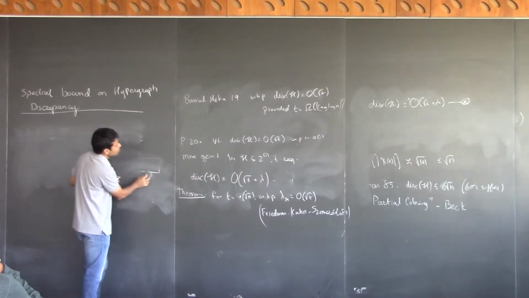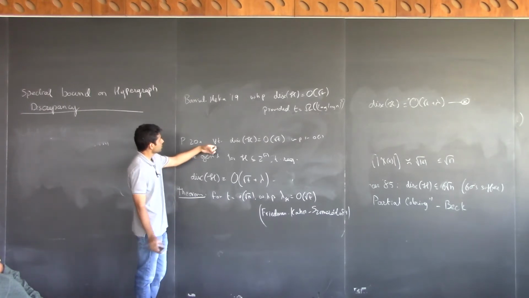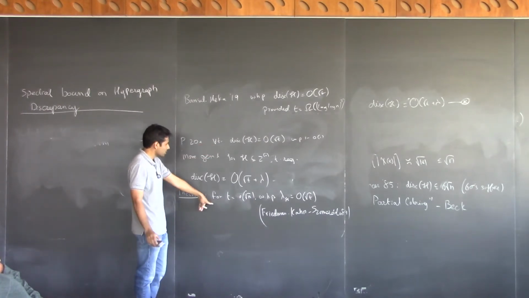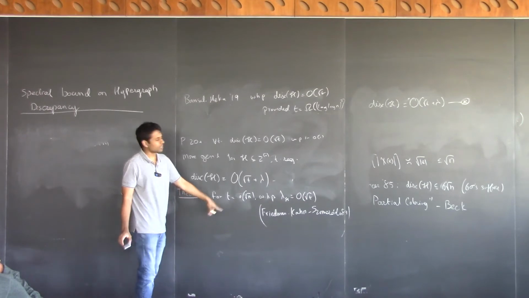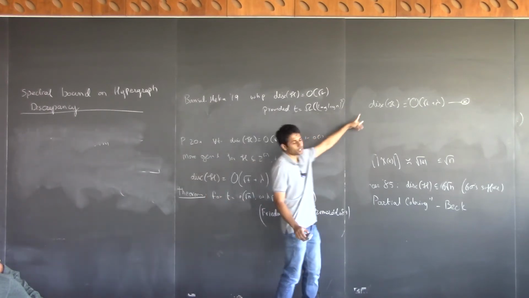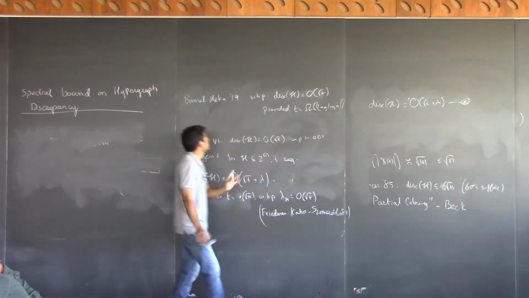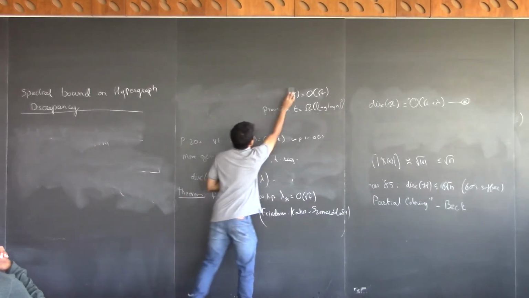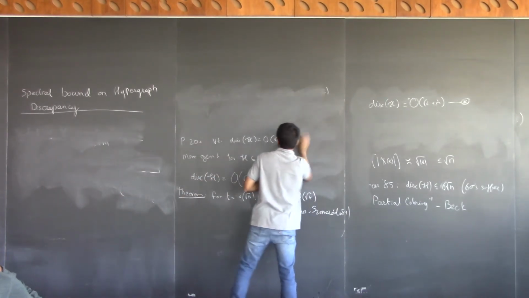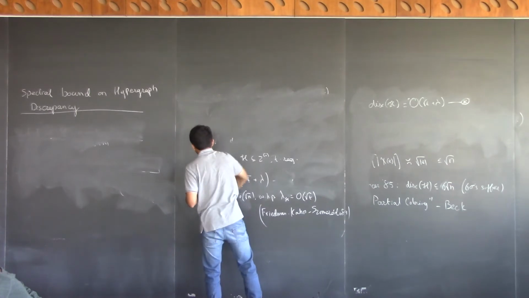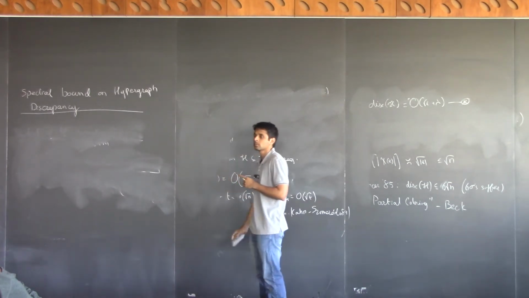So in absolute terms, this is more difficult because this is not very easy, but the proof of this is not hard at all. The proof of Bansal and Meka is not spectral?